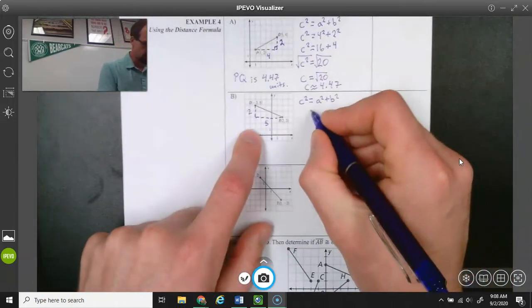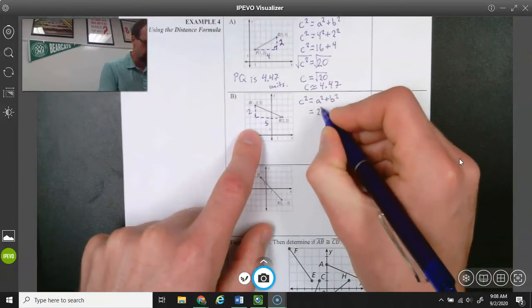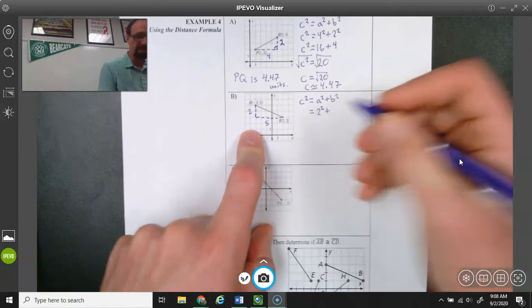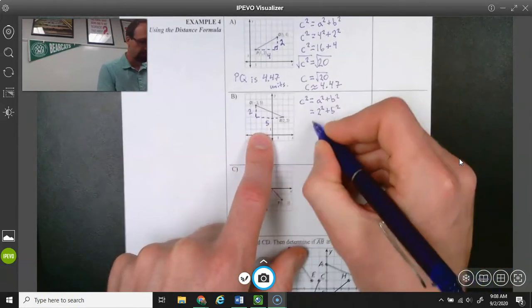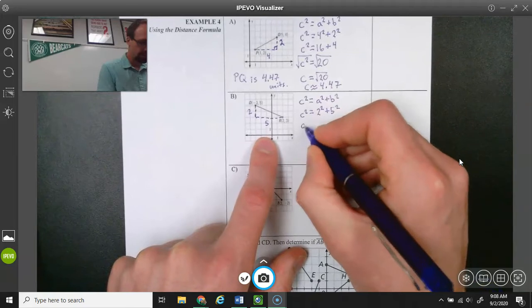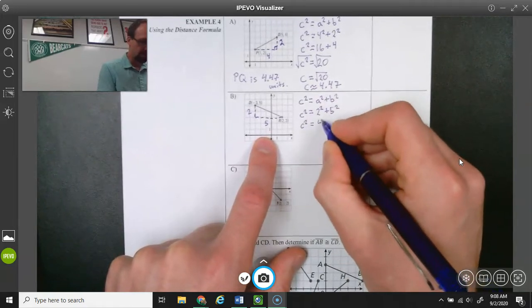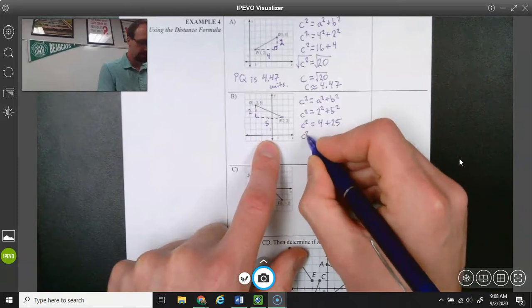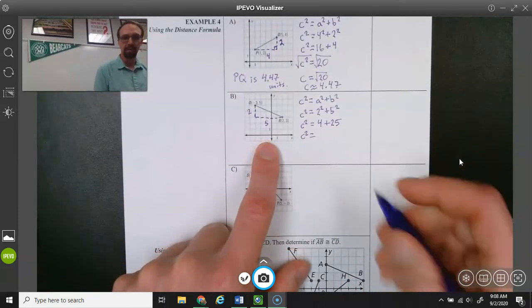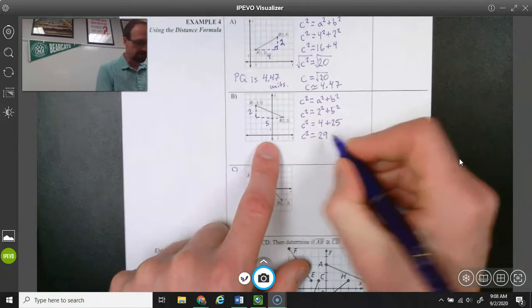A, I'm going to say in this case, is 2, so that's 2 squared. And if A is 2, then B has to be 5, so 5 squared. So then I have 2 squared, which is 4, plus 5 squared, which is 25. 4 plus 25 is in fact 29.